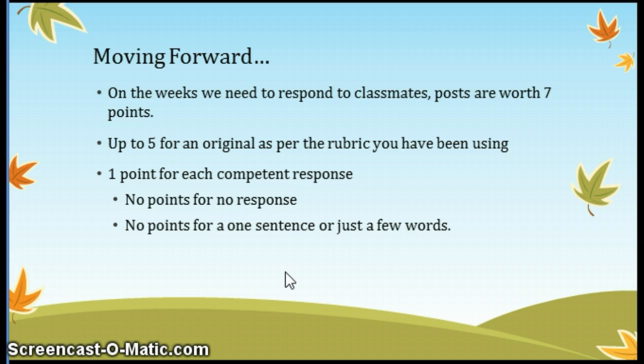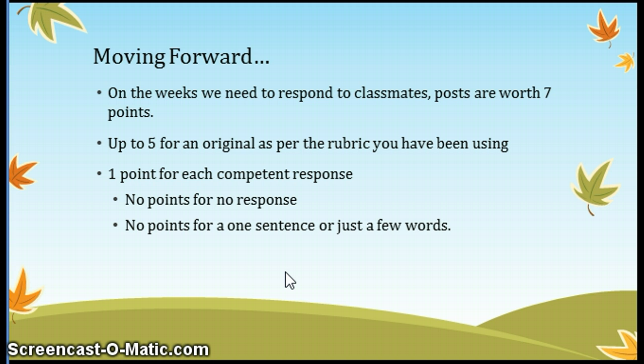So I'm not going to require that you cite, or that it be a certain amount of words, but you will not receive any points if you don't respond, obviously, and you won't get any points if you just have one sentence or a few words. I think we're doing a good enough job of responding that you don't need a rubric for what the response to your classmates should look like. Those I've been pretty satisfied with.